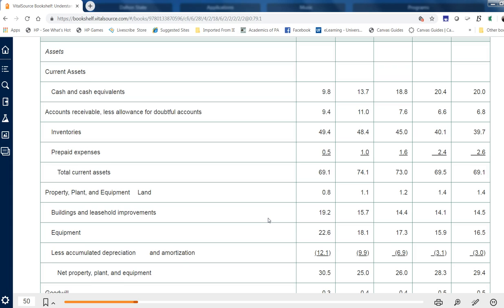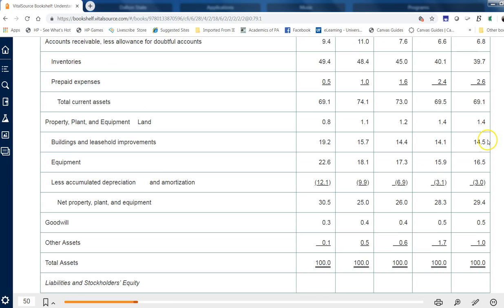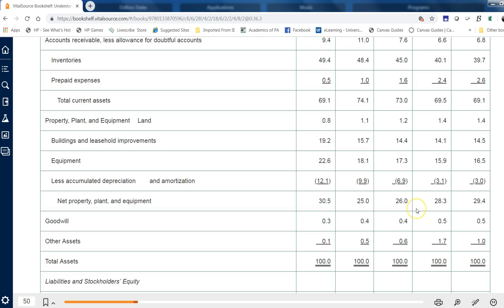So where is that happening? Well, the one place you can see it happening is in inventories. Inventories has gone up almost 10%. So it went from being 39.7% of total assets to now 49.4% of total assets. The other thing we can see is that it's not really going towards property, plant, and equipment because net property and plant and equipment hasn't really changed all that much.